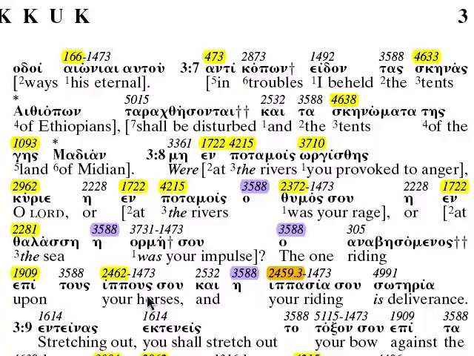And the 11th chapter, it mentions the white horse in the book of Revelation. The one riding upon your horses, and your riding is deliverance. Hippasia has to do with hippos, as in hippopotamus, a river horse. And this is your riding. It has to do with riding horses because it's the hippasia.